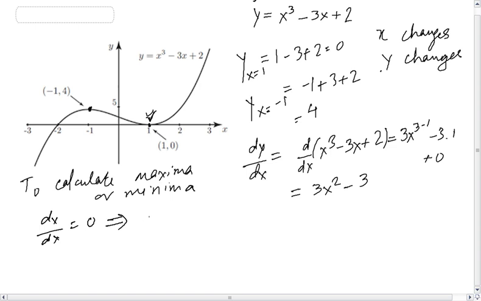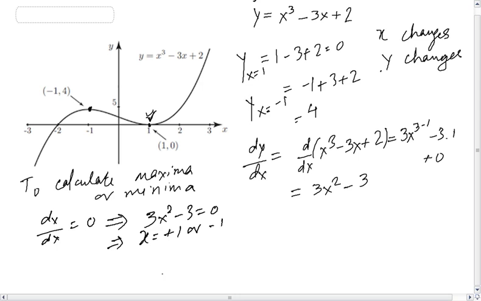If you solve this, you get x is equal to plus 1 or minus 1. So at plus 1 or minus 1 you can have maxima or minima.